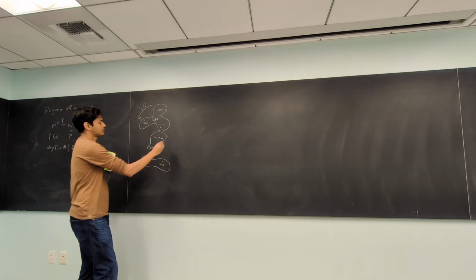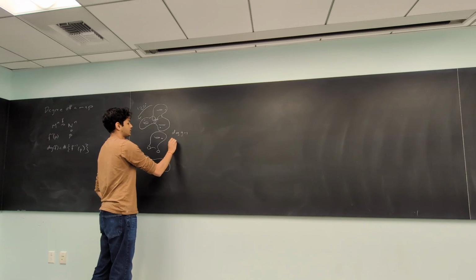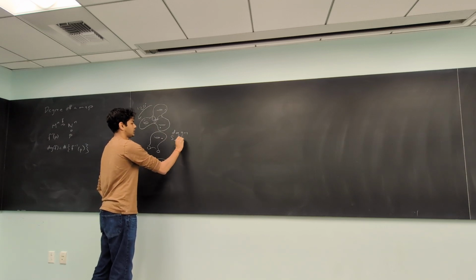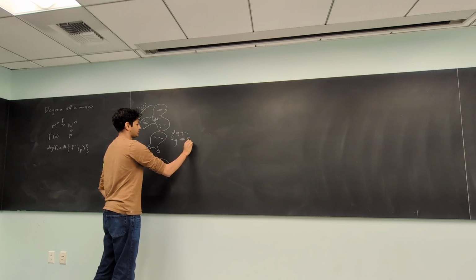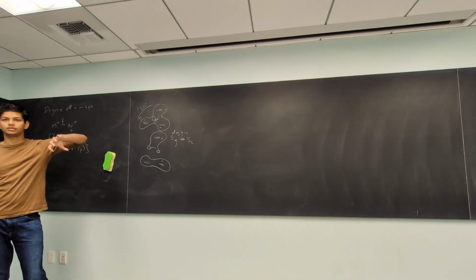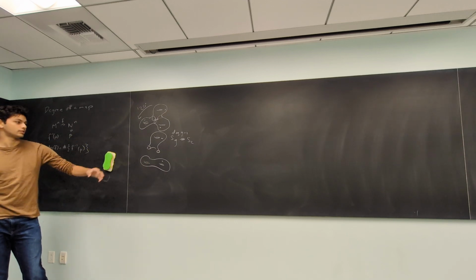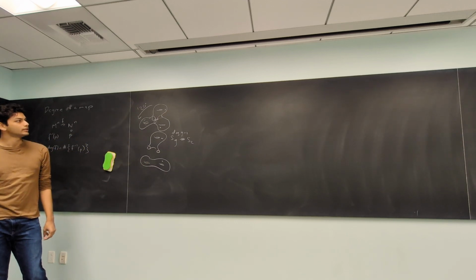So you can get a degree G minus 1 map from a genus G surface, S_G, down to S_2, because whenever you quotient, you essentially get one handle. And then you just glue those two sides of the handle, so you get this sort of thing.